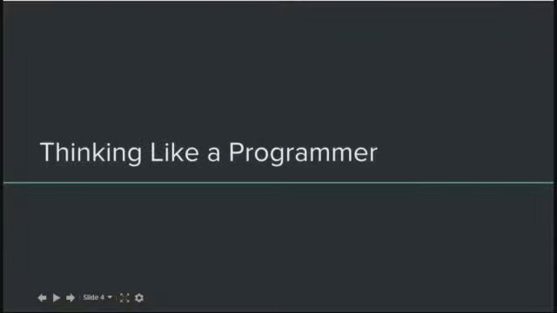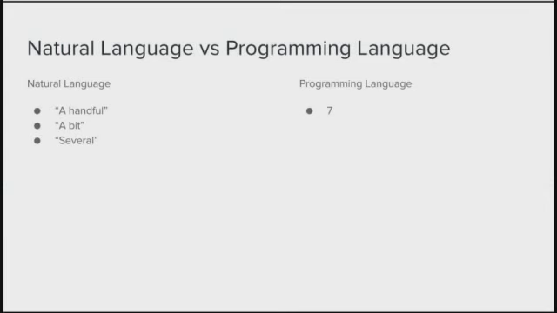So step 1, of course, is thinking like a programmer. We're going to try and understand that programming languages are very different from natural languages. A natural language is any language like English or French, and it is inherently ambiguous.